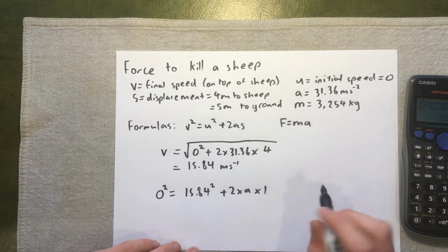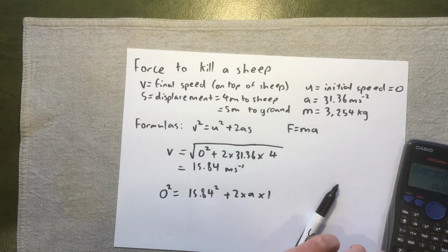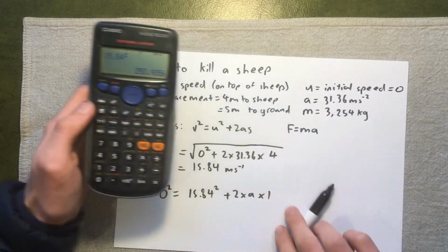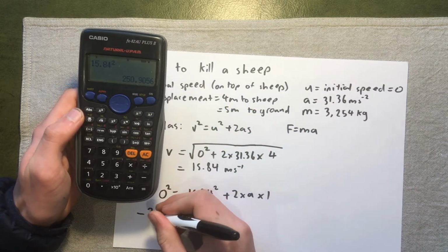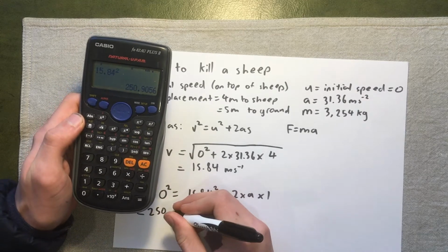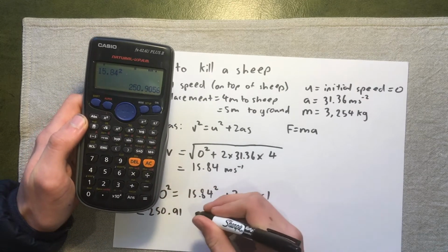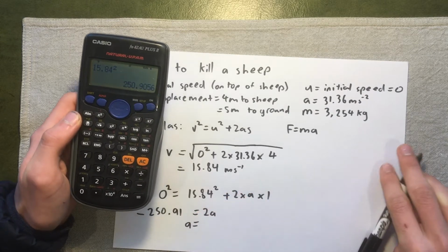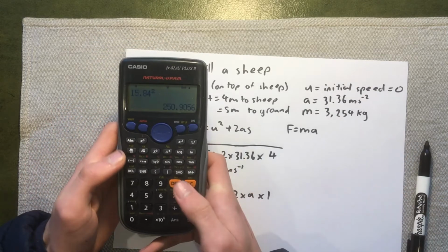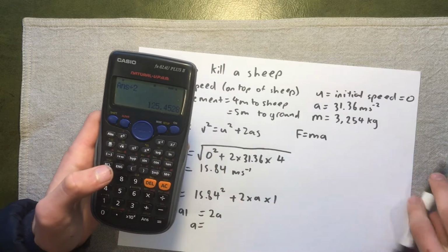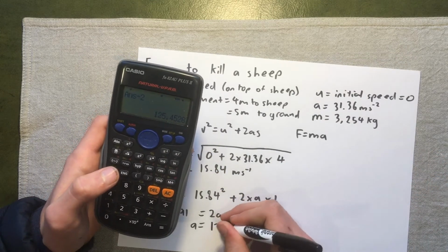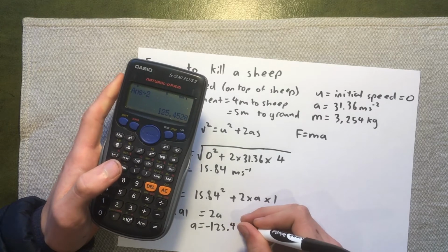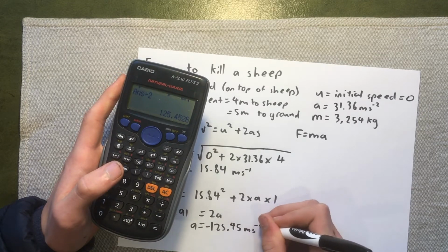So we're going to get 15.84 squared, subtract that, so we're going to get negative 250.91 equals 2a, and then divide that by 2. We're just going to get, that is a huge acceleration, negative 125.45 meters per second squared.